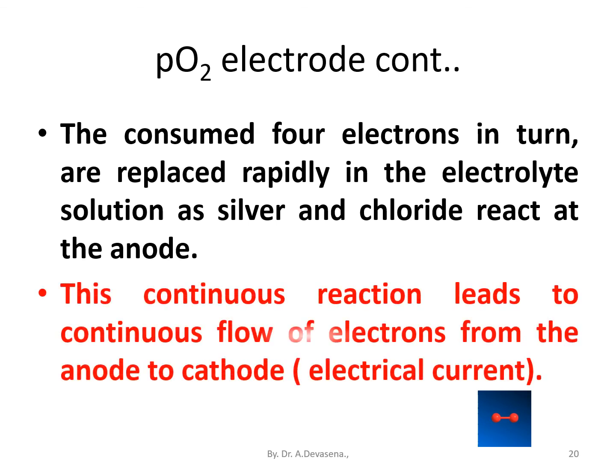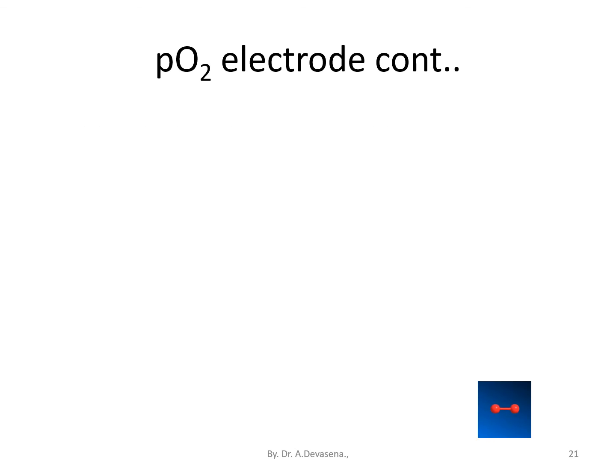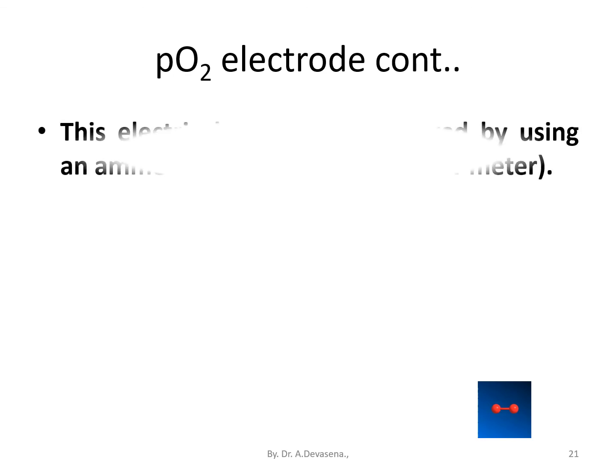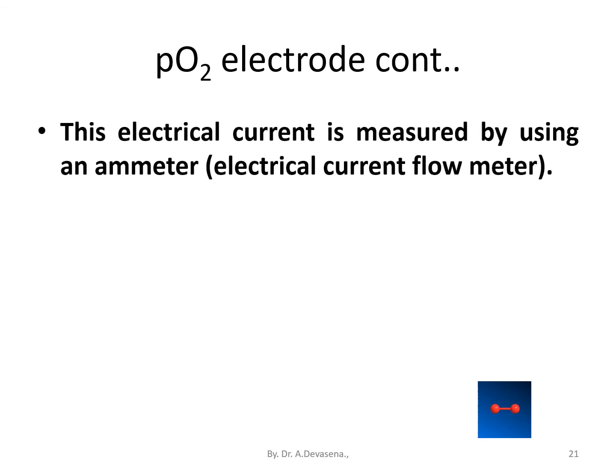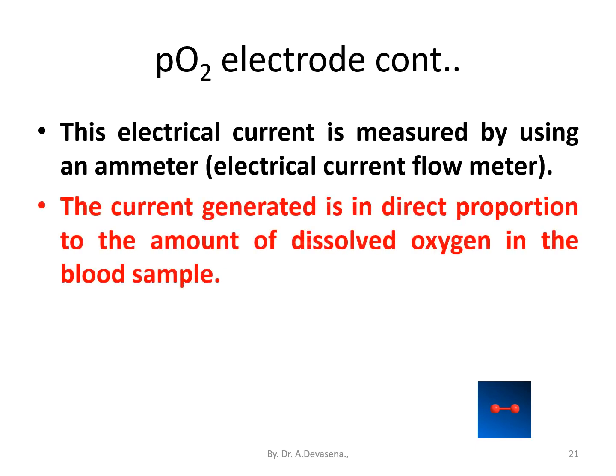This continuous reaction leads to a continuous flow of electrons from the anode to the cathode, that is electrical current. This electrical current is measured by using an ammeter, an electrical current flow meter. The current generated is in direct proportion to the amount of dissolved oxygen in the blood sample.